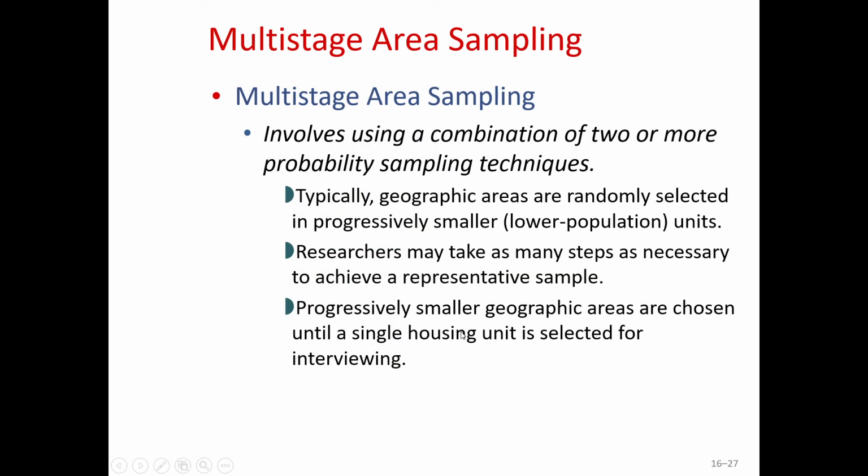So far, we've described two-stage cluster sampling, but now about multi-stage area sampling, which involves two or more steps that combine some of the probability techniques that are already described. And typically, geographic areas are randomly selected in progressively smaller, lower population units.